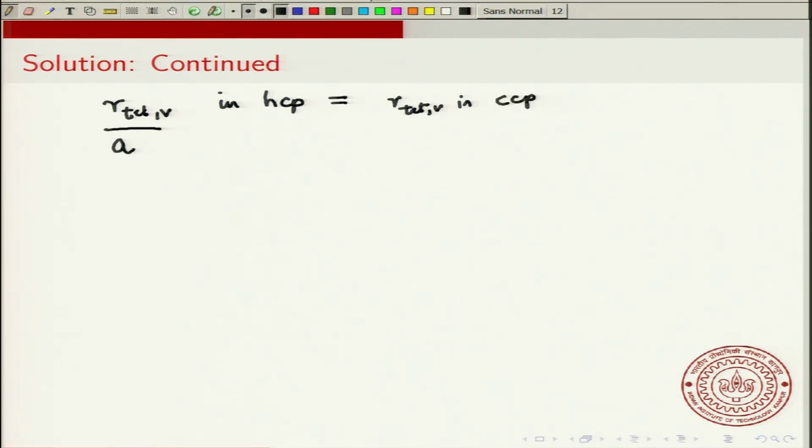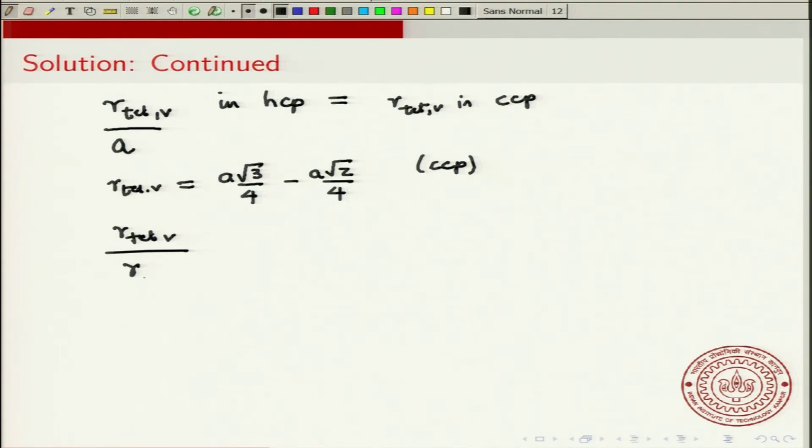And we have also seen that this turns out to be root 2 by 4 in the case of CCP. And if I take R tetrahedral void divided by R of the larger atoms, that becomes root 3 minus root 2 divided by root 2.